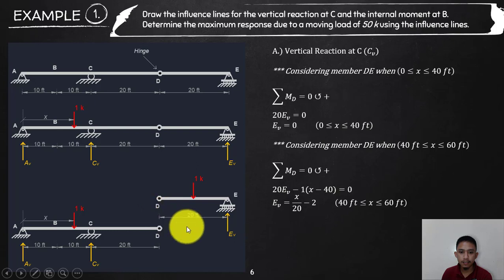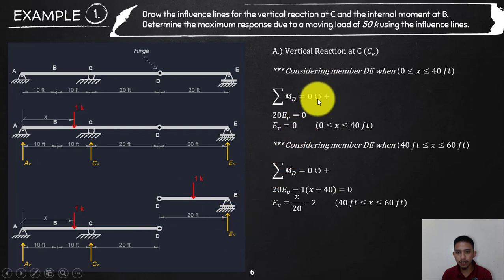So I will not suggest using summation vertical. Instead, take a moment at D to cancel out that shear at point D so that we only expose EB. Forget about this one kip, since it is still on the left side. If we now take a moment at D, we will only have the moment of EB.